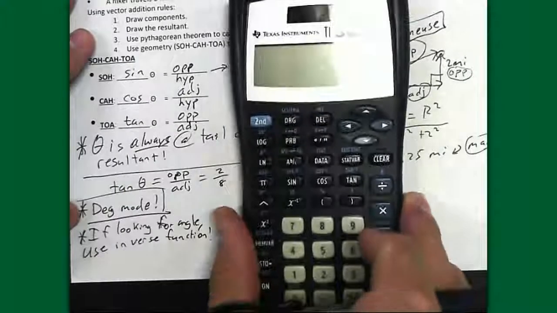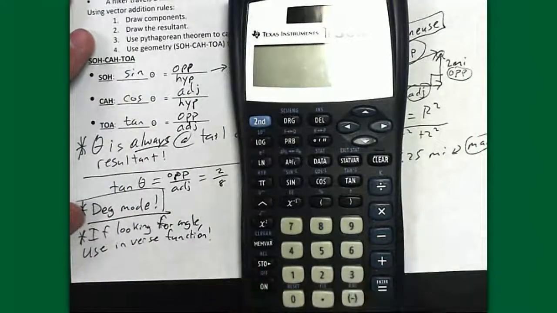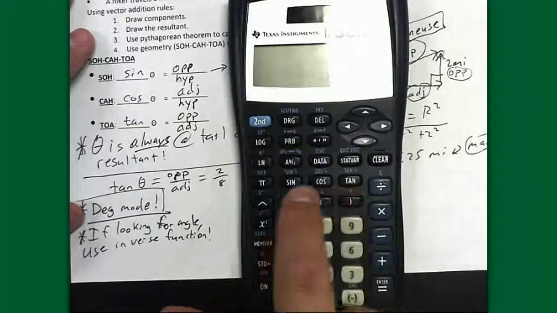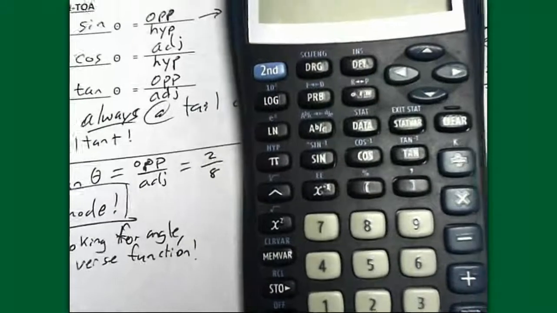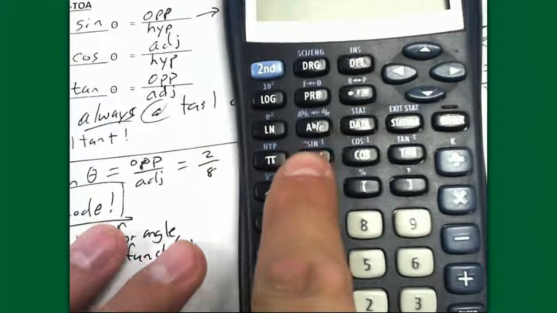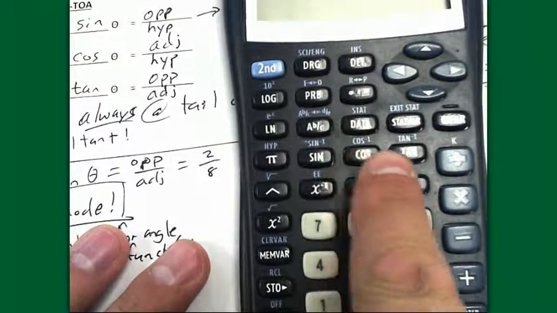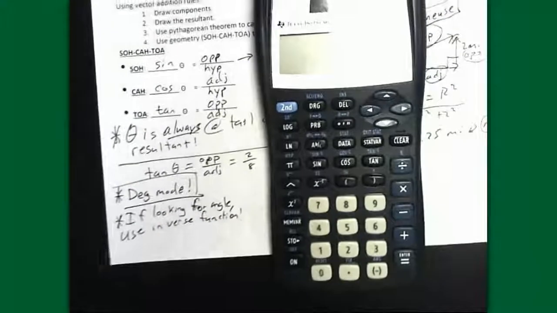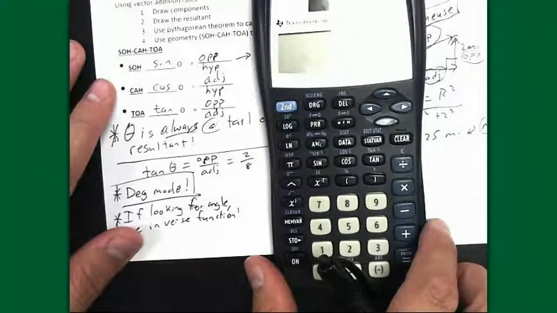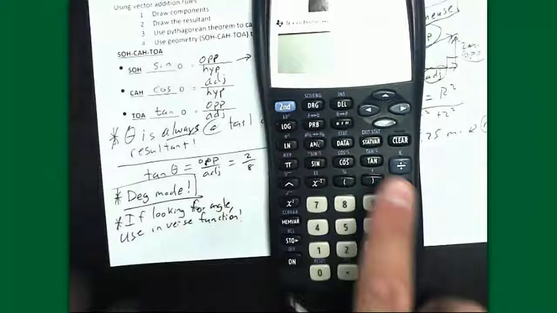Look at your calculator if you have one. I hope you do. And if you find sine, cosine, and tangent, those are your trig functions. Look closely. You'll see that above those functions is sine to the -1, cosine to the -1, tangent to the -1. Those are your inverse functions. To get to those, you have to hit the second key.